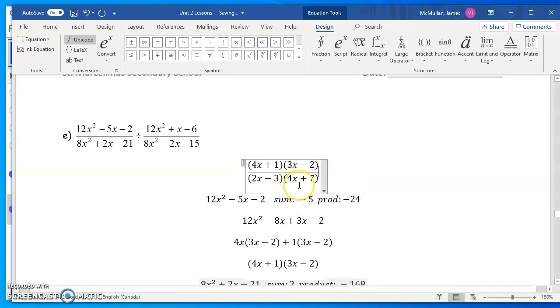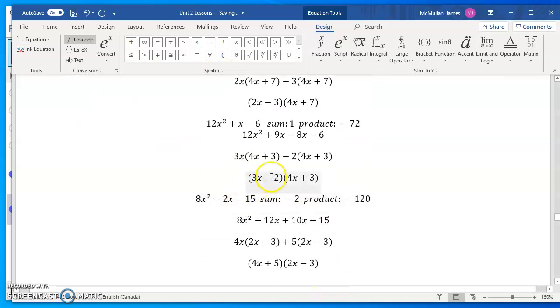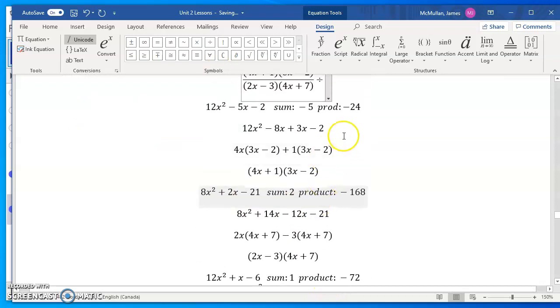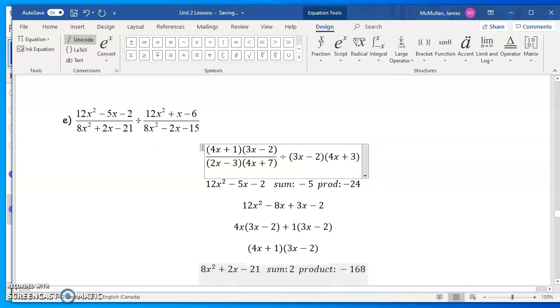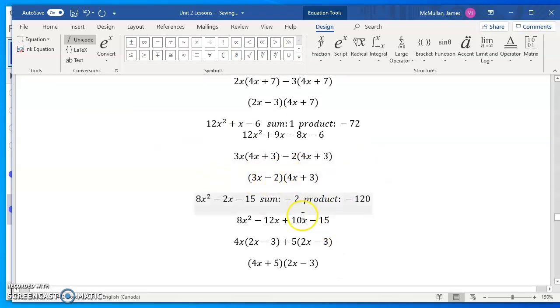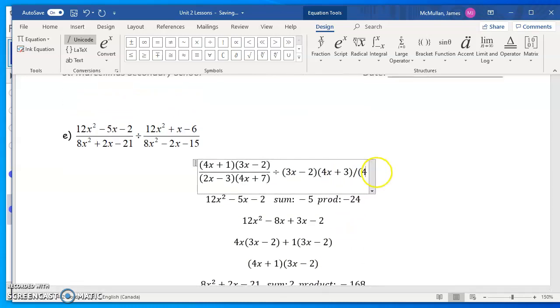Okay, so that's the first chunk. Then we have divide by, and then the second chunk. So the second chunk was this here, 3x minus 2 and 4x plus 3. And that was the third thing I did. The final thing was 4x plus 5 and 2x minus 3.